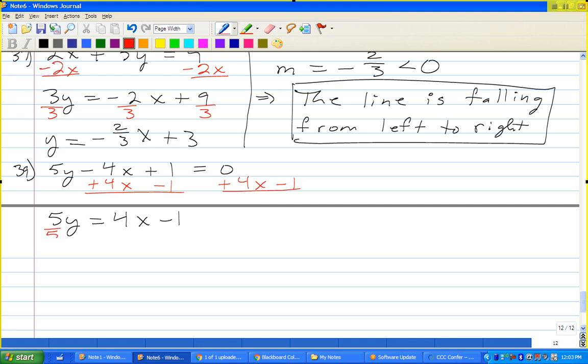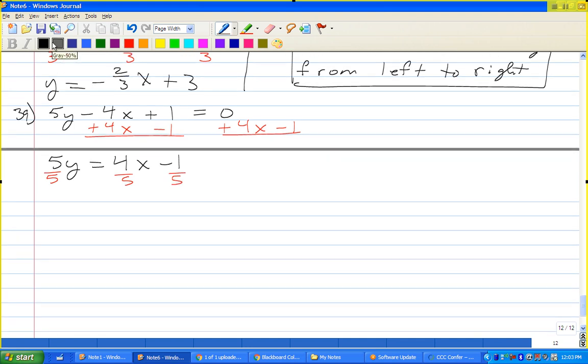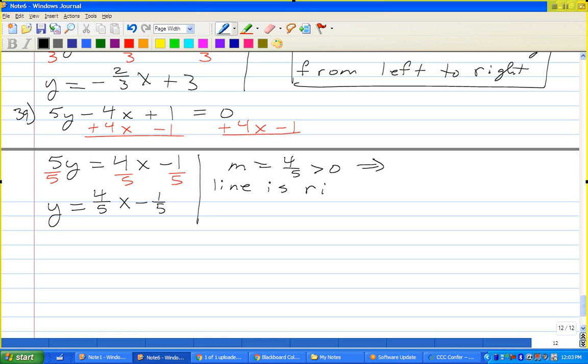Divide by 5. So it says that y is equal to 4/5 x minus 1/5. So that says the slope is equal to 4/5, which is greater than 0. And so that says that the line is rising from left to right.